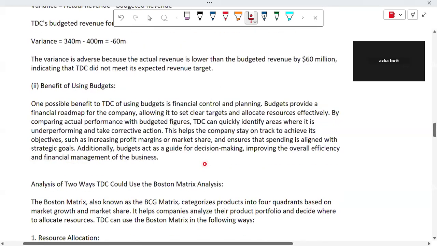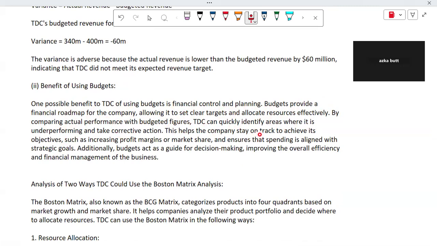And after that, we need to write the benefits of using budgets. So one possible benefit to TDC of using budgets is financial control and planning. Budgets provide a financial roadmap for the company, allowing it to set clear targets and allocate the resources effectively. So by comparing actual performance with the budget figures, TDC can quickly identify areas where it is underperforming and take corrective action.